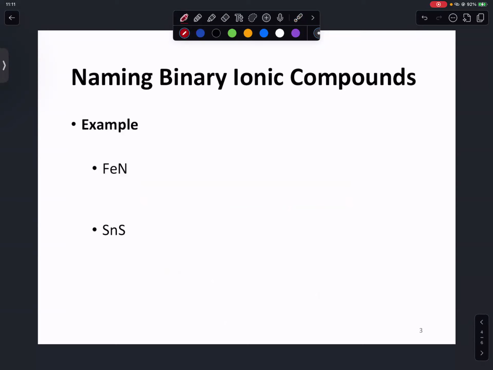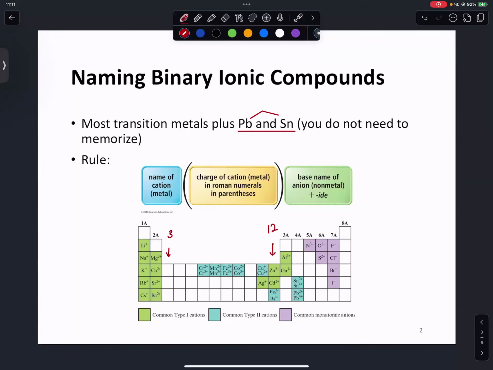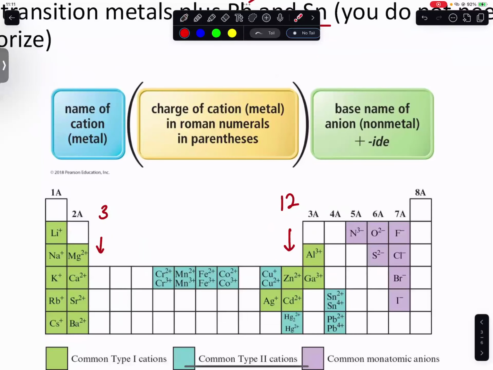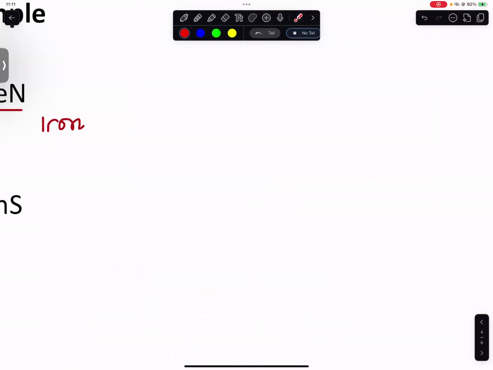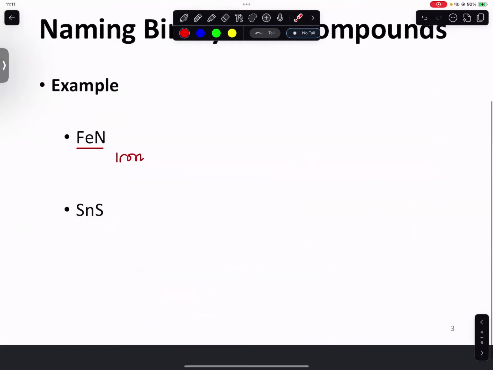In the first example, we have Fe N. Let's start by naming iron. Let's go back here and zoom in. We can see that iron is a transition metal and can have a 2+ and a 3+ charge. How can I identify which one? Remember, your ionic compounds are neutral.